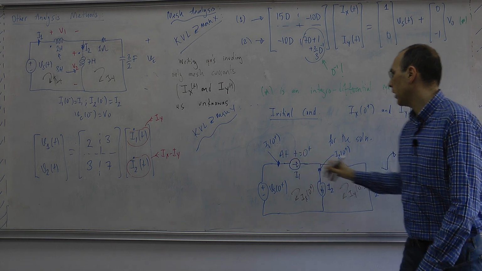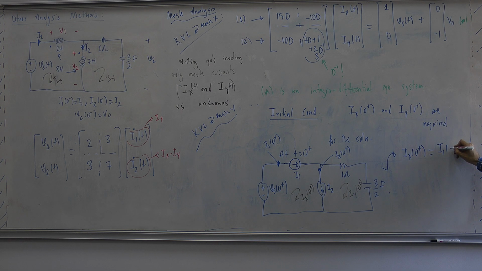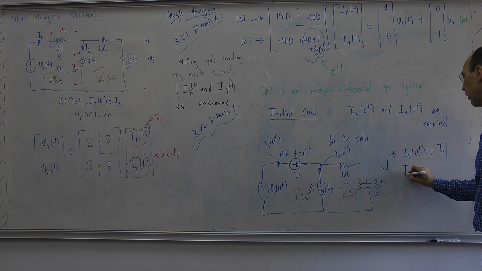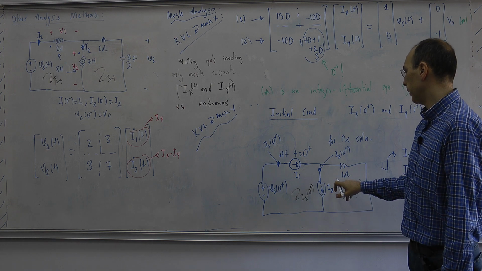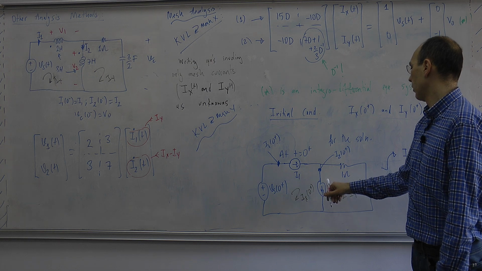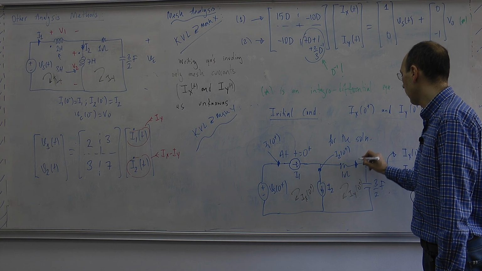Ix 0 plus, again a mesh current, is equal to the branch current I1. This is this current source. Iy 0 plus, so this current going down is I2. Or you can do it this way: I1 minus I2 is this current.